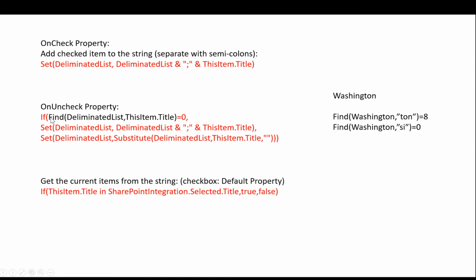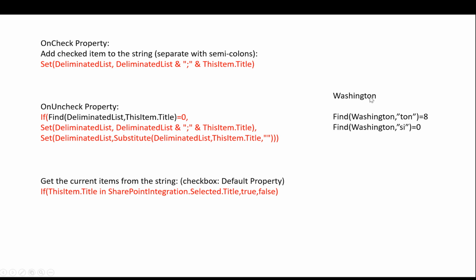So if you notice the black text here, Find delimited list, this item title, this is a function in itself. And the Find function goes and looks for a string inside another string, and it returns back where that string sits in that first string.